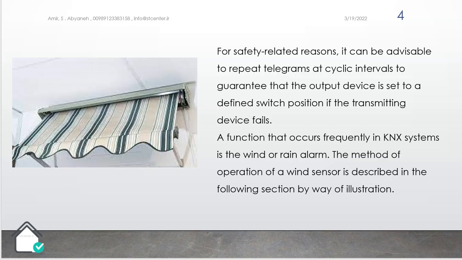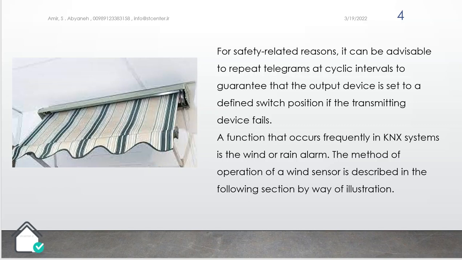But if the value of this data changes, for example, it is 1-bit data and it changes from 0 to 1, or the actuators do not receive this data anymore, the actuators act automatically and put the shutter, for example, in a safe position.